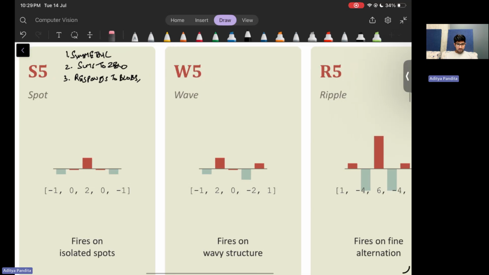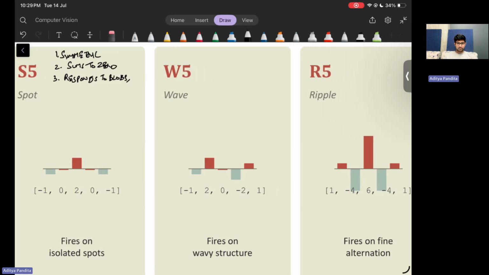Then we have our next kernel, the wave kernel. Its values are -1, 2, 0, -2, 1. By the shape of it, this is not a symmetric kernel; this is anti-symmetric, and it also sums to 0.